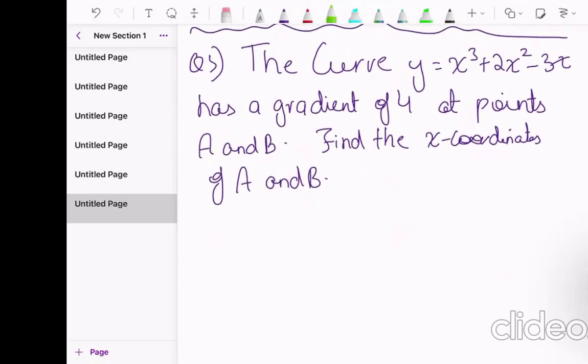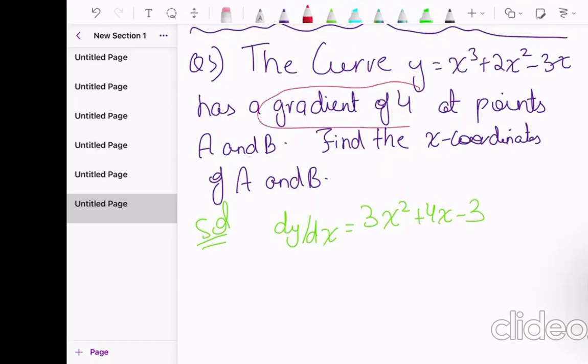Why they have given A and B, I'll explain to you. Again, the same step. First, we will apply differentiation. So this will become dy upon dx, and when we apply differentiation, this will become 3x squared plus 4x minus 3. They have given us the gradient value, that is 4. As I know that dy upon dx equals the gradient, now I can write the equation like this: 4 equals 3x squared plus 4x minus 3.